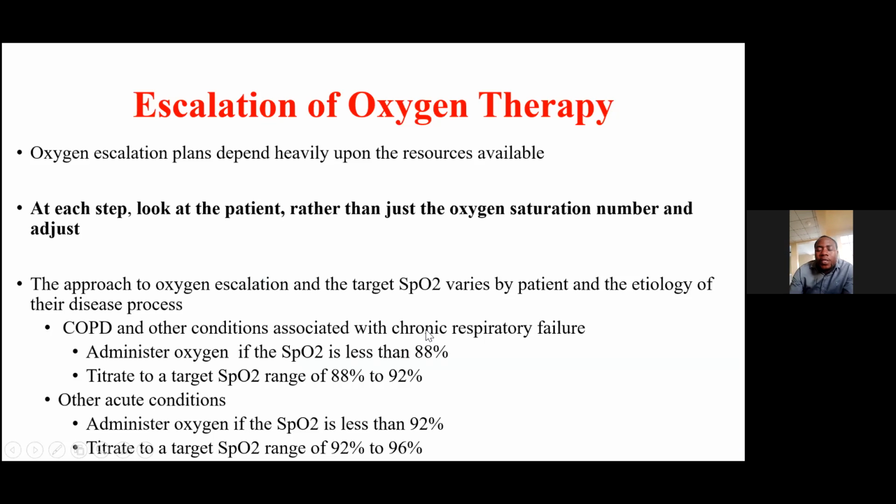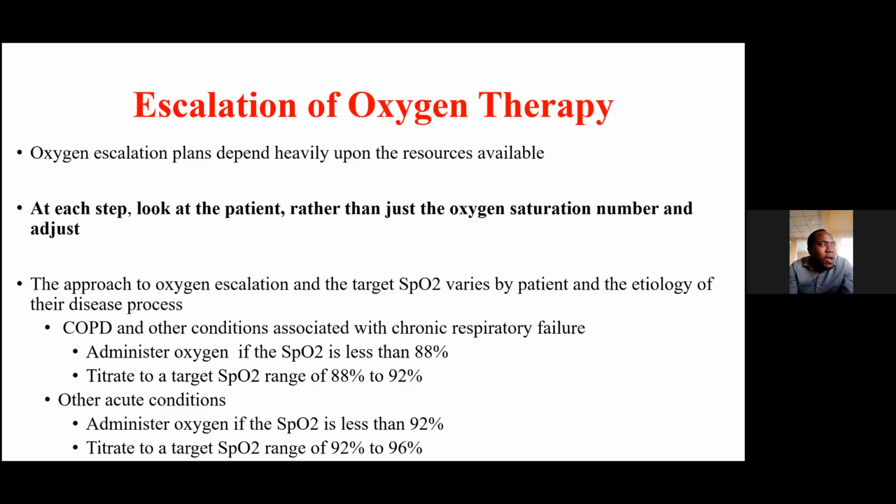Whenever a patient is failing on nasal prongs or nasal cannula, you can move to a simple mask. If they fail, you move to a mask with a reservoir. Then when they fail, you move to high flow nasal cannula or CPAP or BiPAP. At each step, you have to look at your patient and see how comfortable they are, rather than treating just the number.